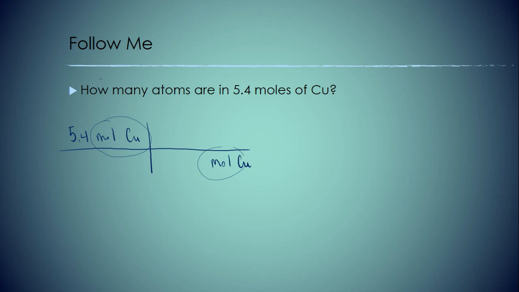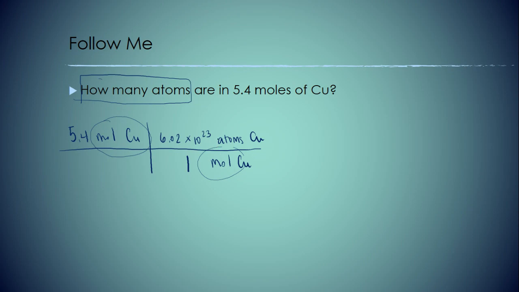The next thing is, here's the question in the problem. How many atoms? Can we relate atoms and moles? Yes, we can. We just learned that we know how many atoms are in a mole. There are 6.02 times 10 to the 23rd atoms, and in this case it's atoms of copper, in 1 mole of copper.